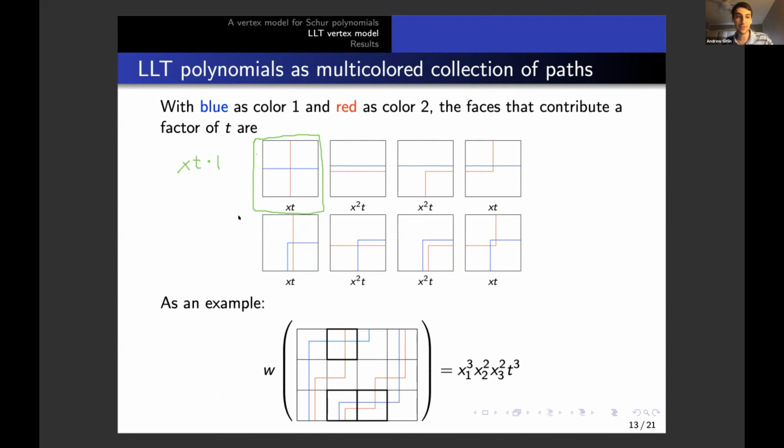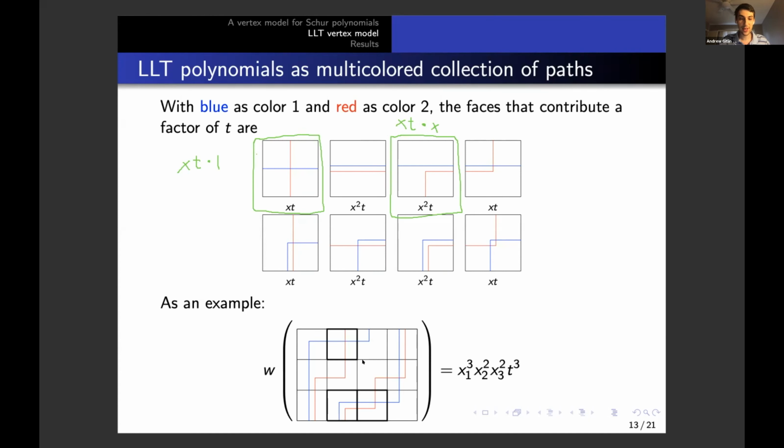So the overall weight of this vertex is xt times 1, which is xt. For this vertex, blue is exiting to the right and red is present. So I pick up an x times t to the first. And then red is also exiting to the right, but there are no larger colors than red that appear in the vertex. So I just pick up an x. So overall, I get an x squared times t.